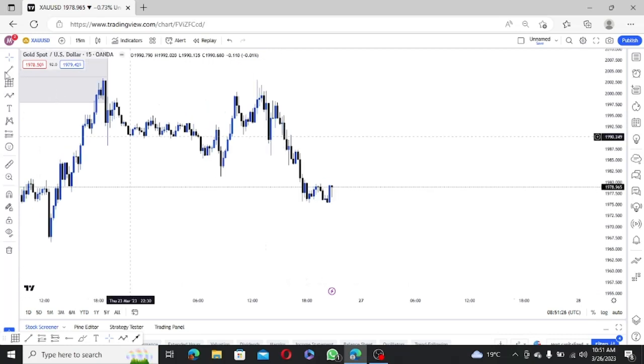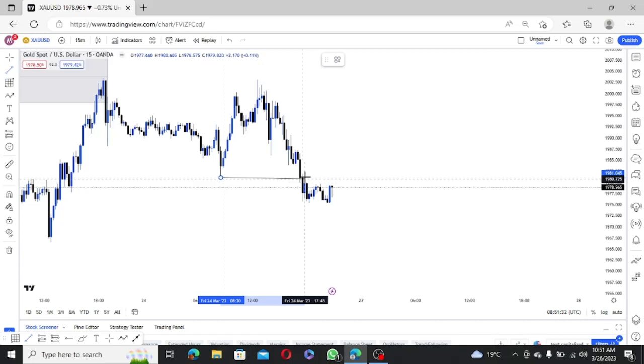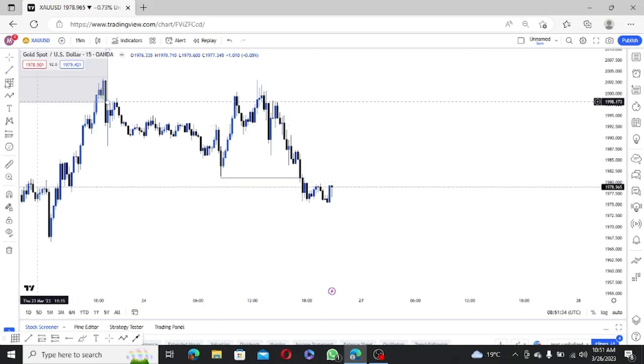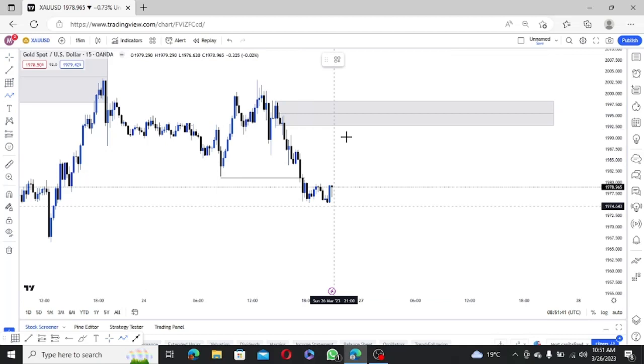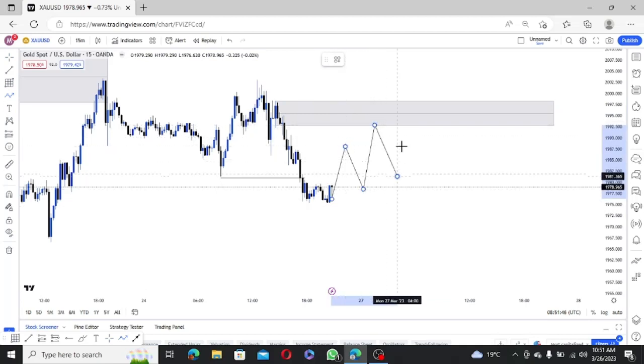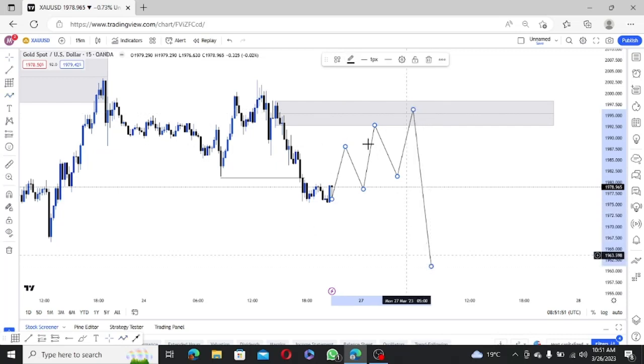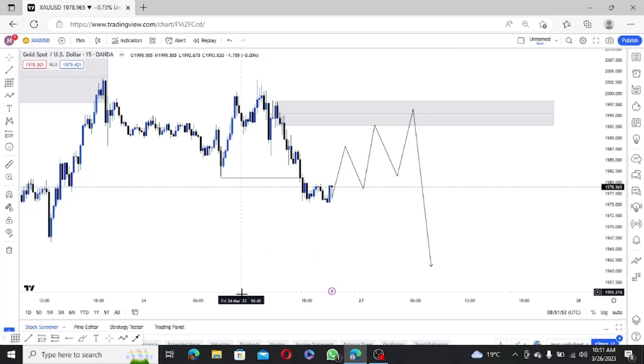So as you guys can see, we can use this as a very nice change of character, right? So we're looking for this nice area that we can use for ourselves, which is up there. So we just want to see how price will push back to those areas, right? We need to see price giving us those nice patterns just to confirm that this order block will play out. And then that's the area that we're going to be looking to take price to the downside.